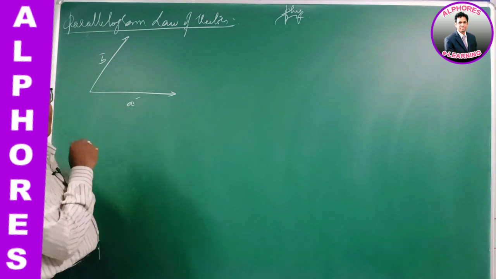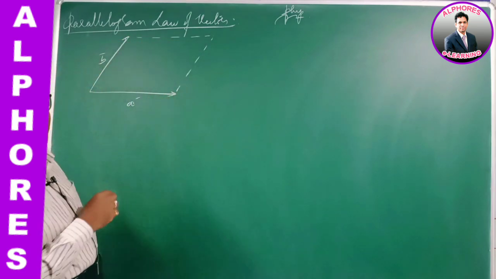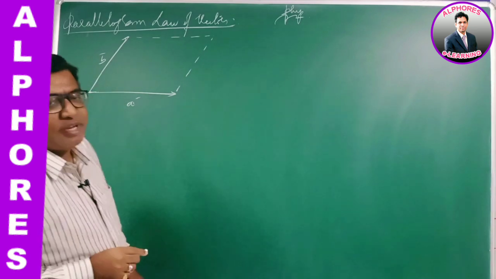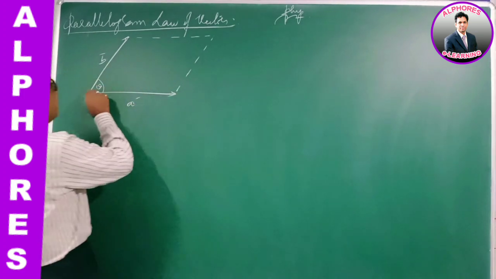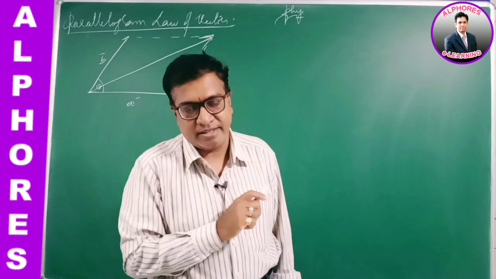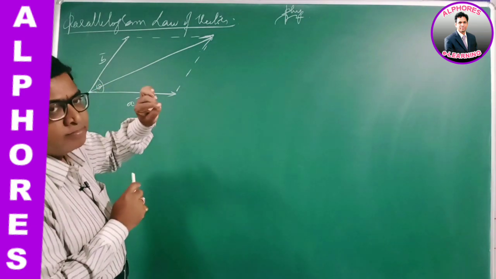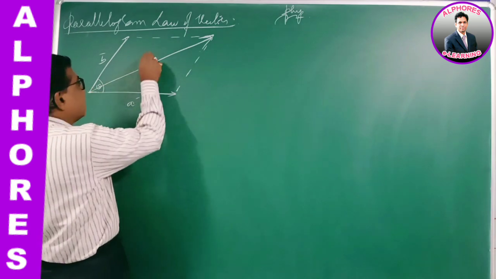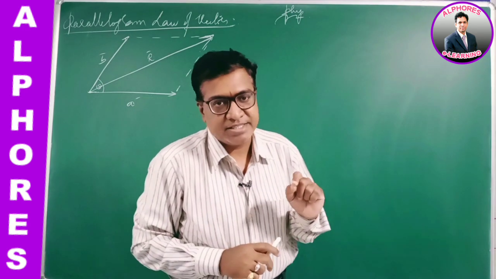So if two similar vectors are represented as two adjacent sides of a parallelogram, starting from the same point, co-initial, at an angle theta, then the diagonal passing through the point of intersection represents the resultant vector in magnitude and direction.